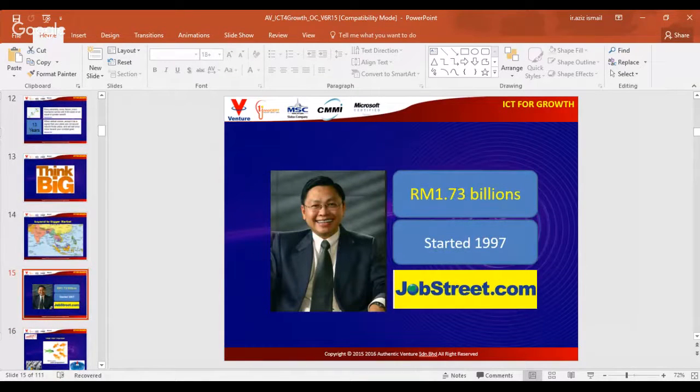One of our friends is Mark Kang, for example. He owned JobStreet some time back. When he sold his company, the company became worth about 1.7 billion ringgit. I mean, how can you create a company worth a billion ringgit if your market size is small?